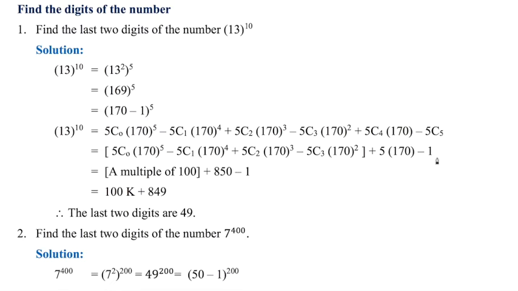In the final answer you need the last two digits. These are all multiples of hundreds, right? But this is not a multiple of 100. 5 into 170 is 850. Minus 1 is 849. So the last two digits are 49.